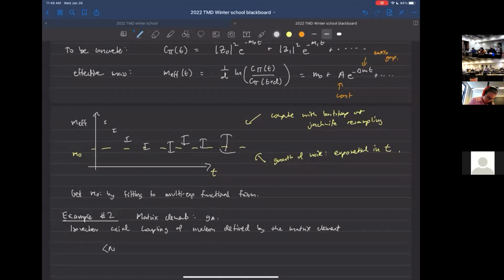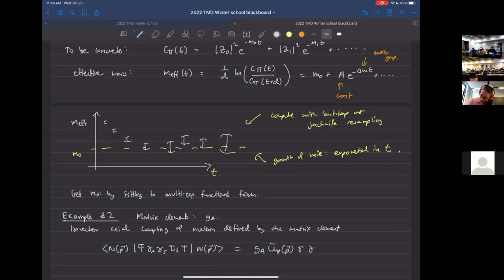Let's write down nucleon states at some momentum. That's these N's. We're going to put in our isovector axial current here. And this is just our definition of G_A, right? And on this right-hand side, we have some spinors.